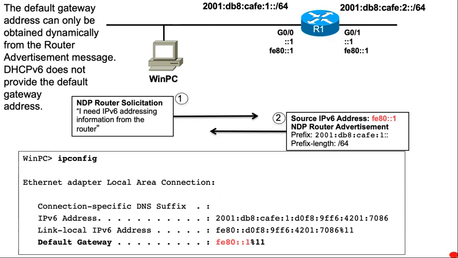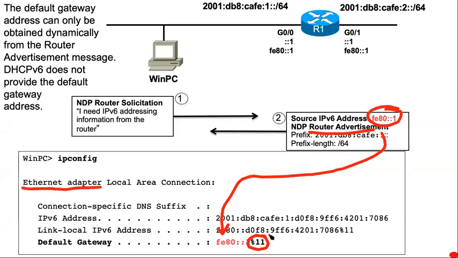But we can actually see that here's the source IPv6 address of the router advertisement, and that's what gets installed as the default gateway address for the WinPC. And there we see, remember that? The zone ID, meaning, oh, this is on the wired LAN. And yep, that's the zone ID for the wired LAN.